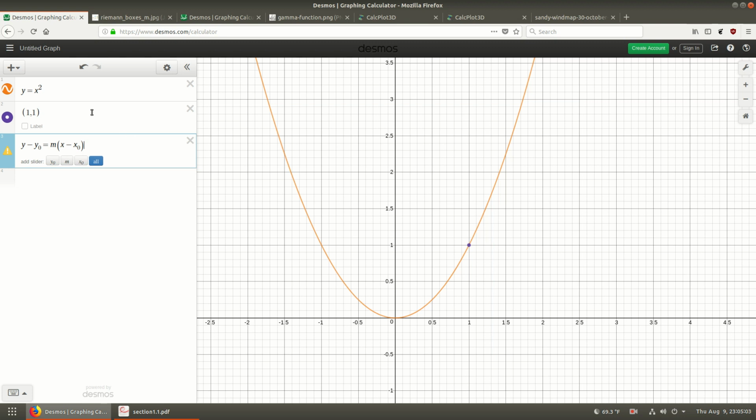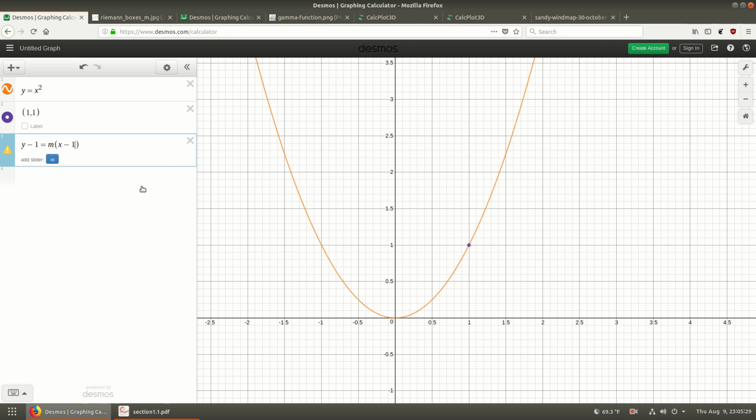And in calculus, it's preferable because you don't need to know the y-intercept for this. We can just use this point (1, 1) that we're talking about here. And so we know this point, and so we know x0, y0, because x0 is 1, and y0 is 1. So we will plug those into our equation, but no line appears because we have not yet added a slope.